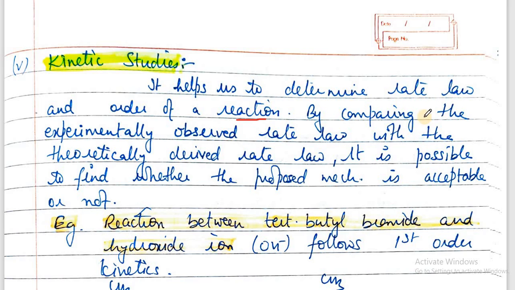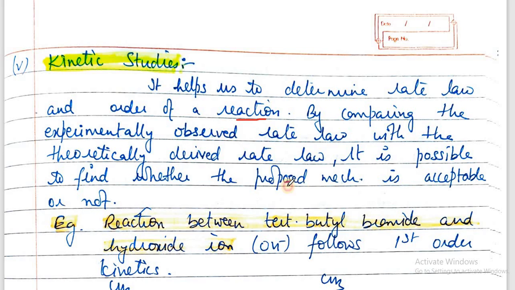By comparing the experimentally observed rate law with the theoretically derived rate law, it is possible to find whether the proposed mechanism is acceptable or not.